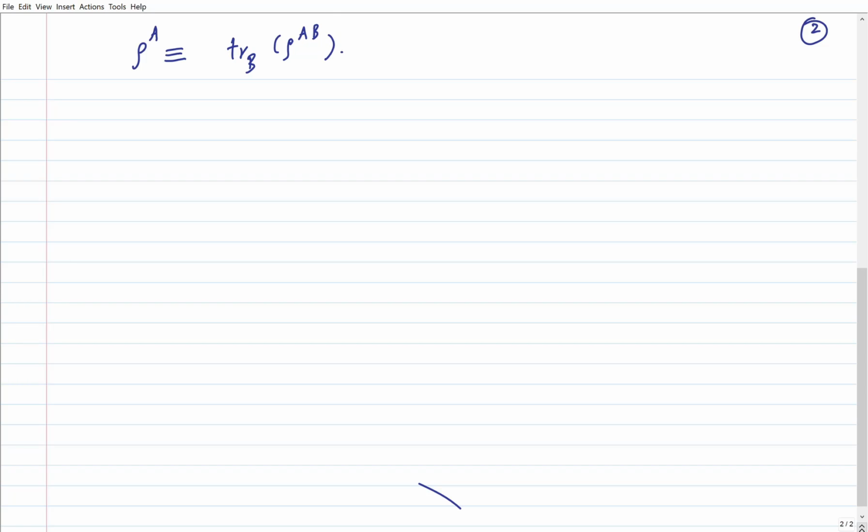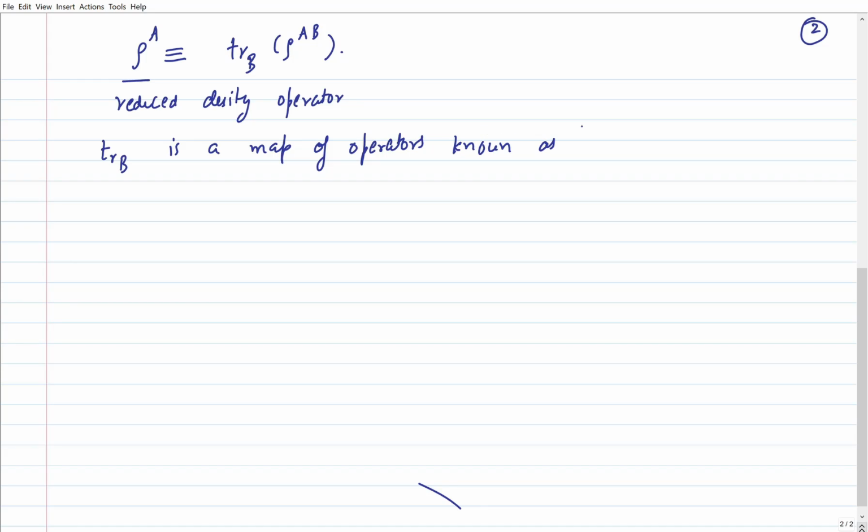So this is the reduced density operator, and trace of B is a map of operators known as the partial trace over system B.